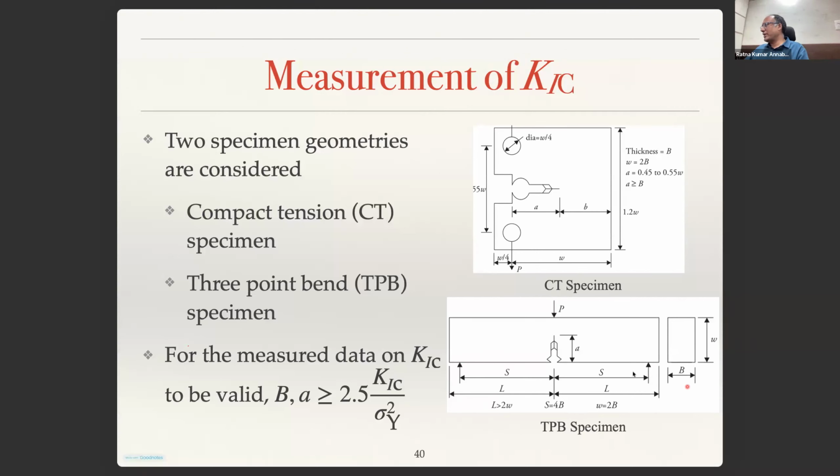So that is why 3-point bending. And you cut a crack in a specific manner. So you particularly drill a hole and then you actually use an extremely sharp laser cutter to create a crack of certain length, and then you say that this is my crack length so that the crack tip is sharp.